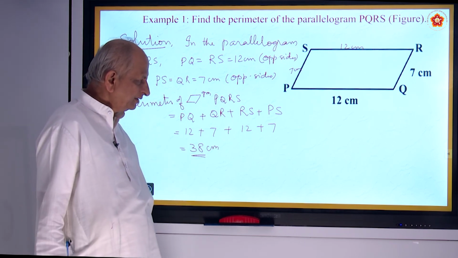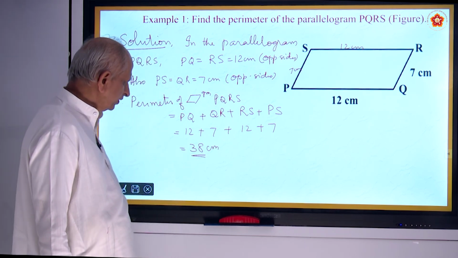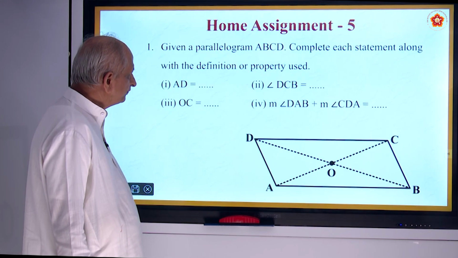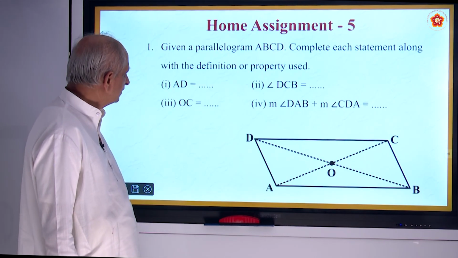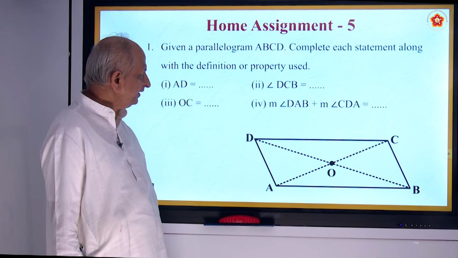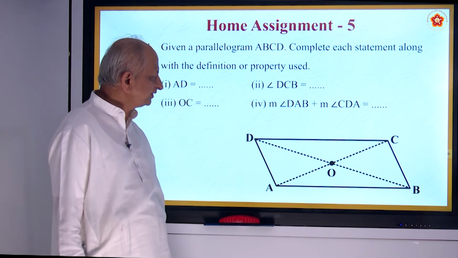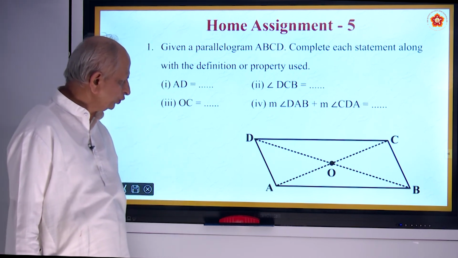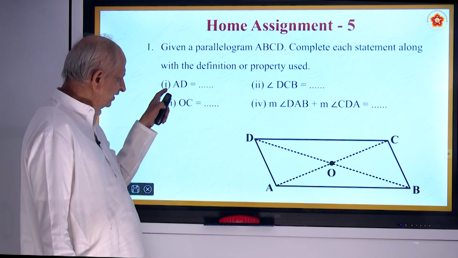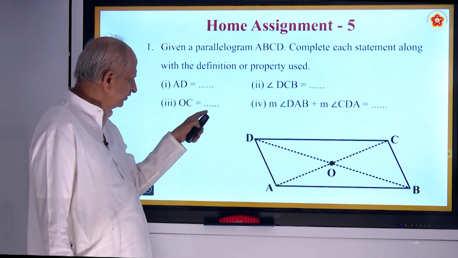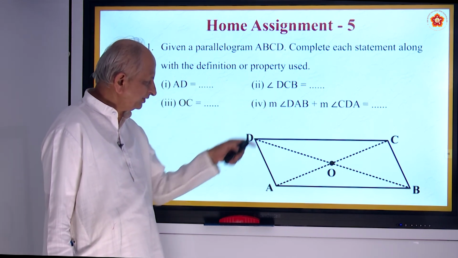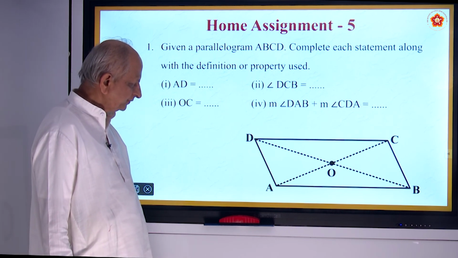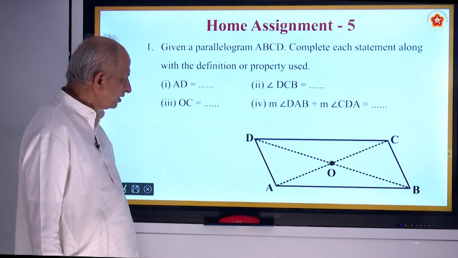Okay. Now we will pass on to some home assignments. First one, given a parallelogram ABCD, complete each statement along with the definition or property used. So what is AD equal to, OC is equal to, angle DCB is equal to what?